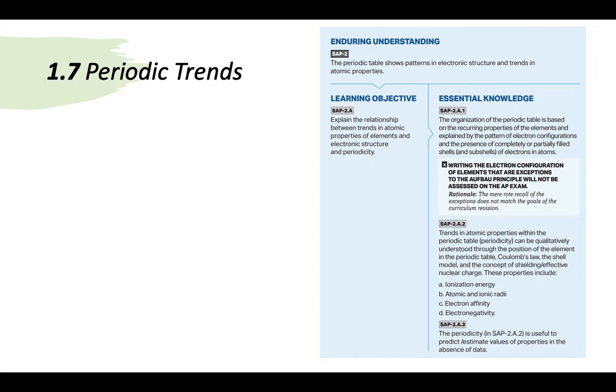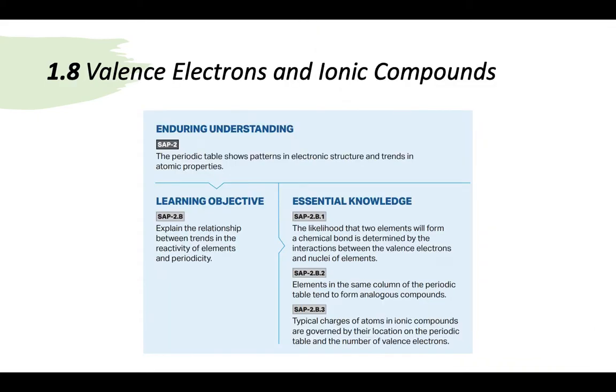So you will have to predict, or they will give you a trend and you have to explain why. So again, periodic trends come back to Coulomb's law and electron configuration. So you may have to write electron configurations, but the exceptions to the Aufbau principle will not be tested on the AP exam, as you can see there.